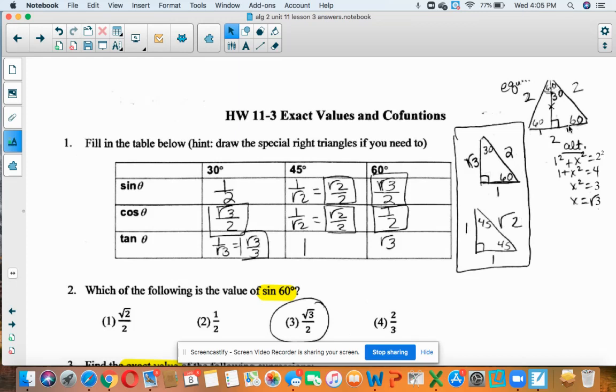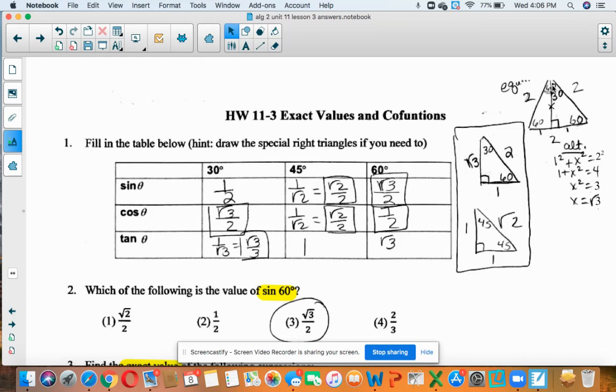I drew this equilateral triangle up here just so you can see that the rule for the 30, 60, 90 actually comes from taking an equilateral triangle and splitting it right down the middle. If all the sides were 2 in this equilateral triangle, the angles are all 60. If I drew the height, the altitude, it cuts this length of 2 in half, so this is 1.